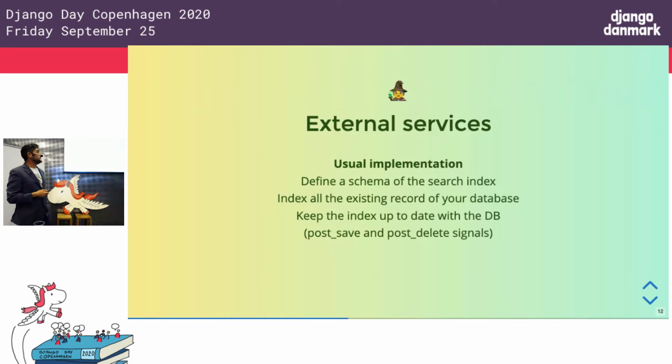Last but not least, you have to keep every change in your database up to date with the system. Django has signals like post_save and post_delete that can be used for that. So you can register a specific event to be called after a save or after deletion of an object, so that you can use that to update the copy that is in the search index.